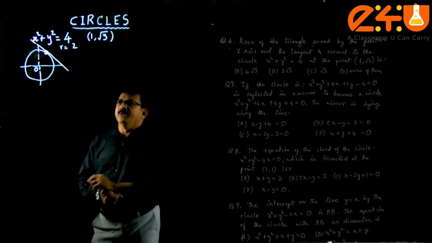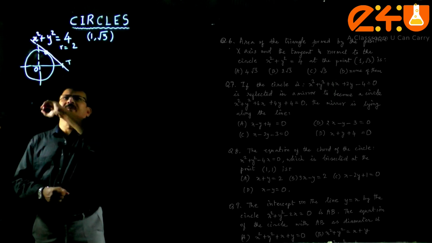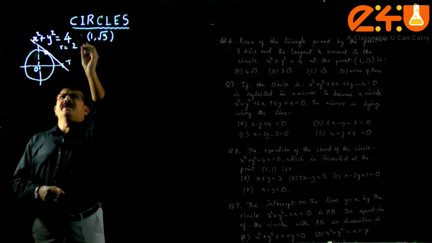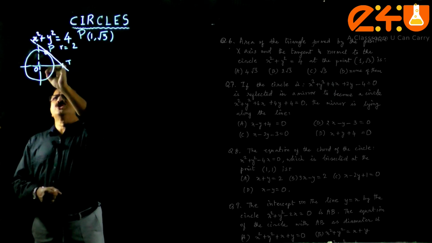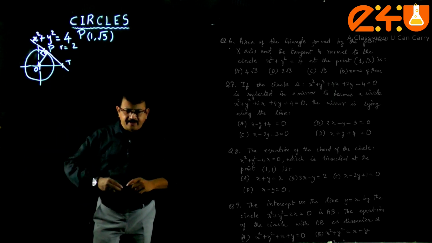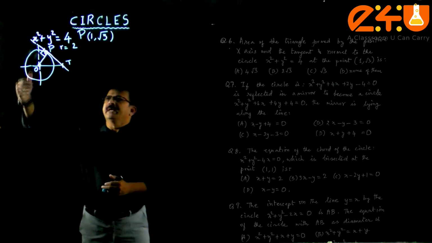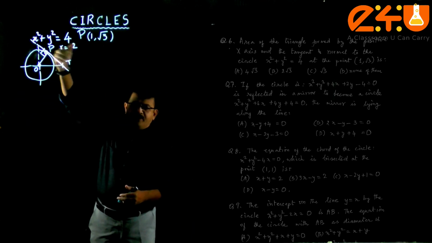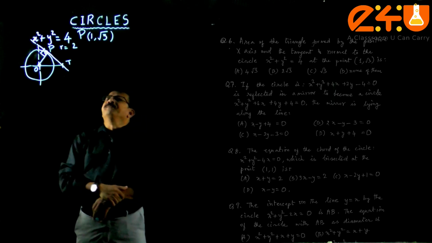It cuts the positive x-axis, let us say at point T. Let us call this point 1 comma root 3 as P. Joining origin with the point P already makes it normal. Why? We know radius is always perpendicular to tangent, from foundation classes already.